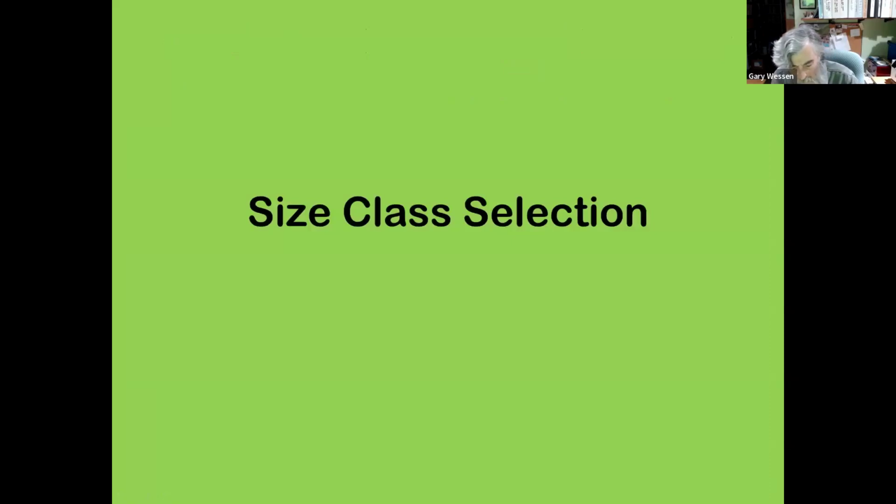I'm going to give you a little bit of background on the basis for looking at size class selection. Ecologists like to talk about animals that are R strategy or K strategy, reproductive strategies. I don't know if people are familiar with any of this discussion, but an R strategy animal is an animal that produces young in vast numbers, but has almost no parental involvement with them at all.